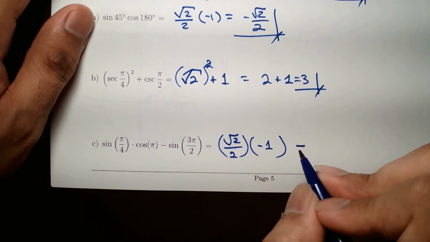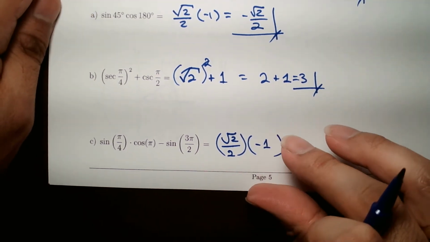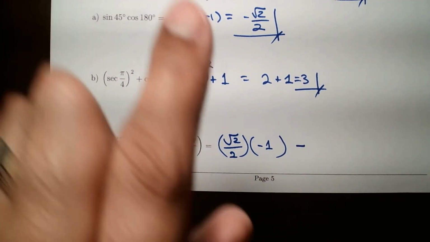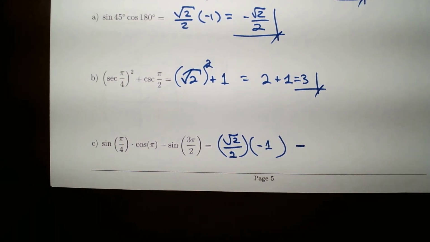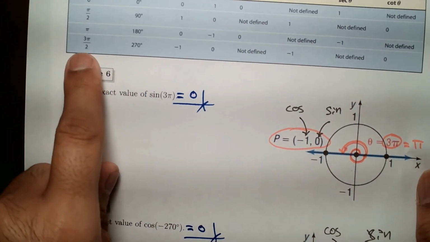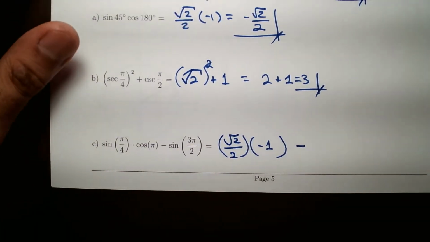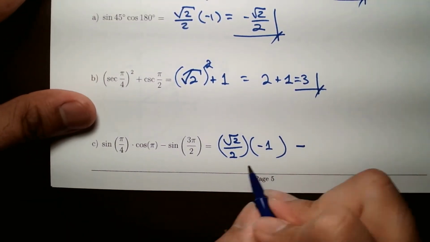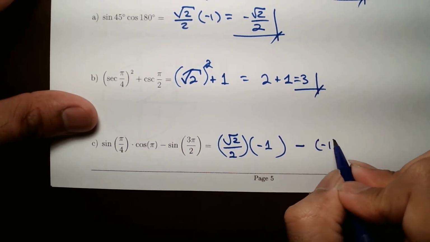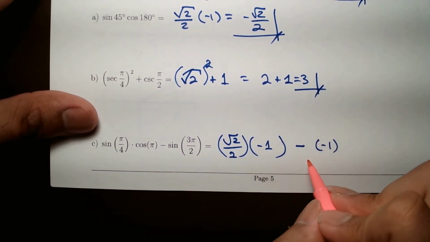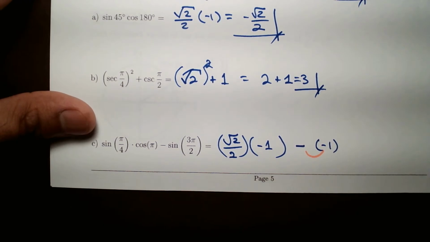Minus the sine of 3 pi over 2. What's 3 pi over 2? Sine of 3 pi over 2, sine is negative 1. So let's go ahead and do that one. So minus negative 1. Be careful here. You might want to use the smile rule here.